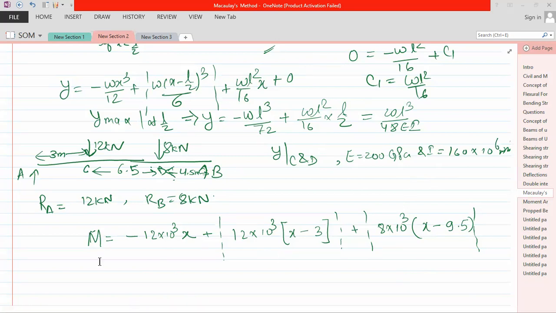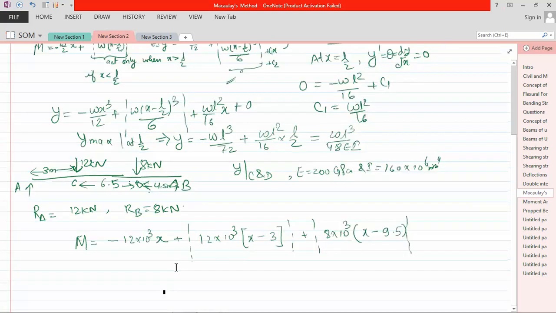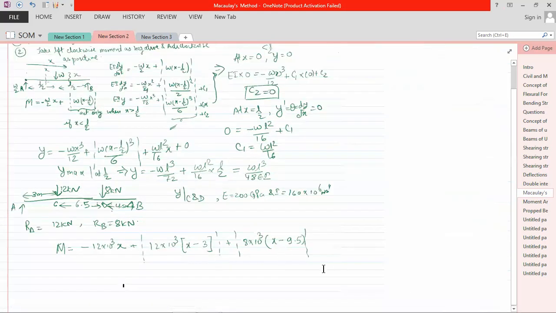Okay, you got this expression? How I am coming with it? Yes, sir. Okay. Now, suppose I integrate this. If we go with the simple double integration method, you know that for every part you have to integrate again and again.